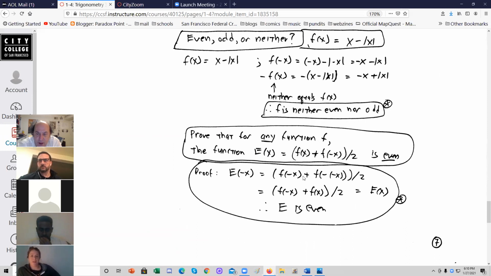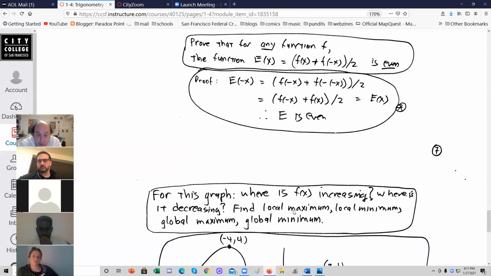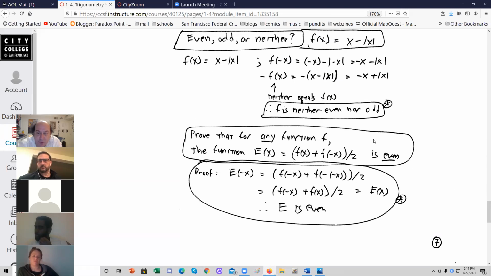So f of negative x plus f of minus negative x, that over 2. Here the negatives cancel, so you get f of minus x plus f of x, divided by 2. But that is the same as e of x. So e is an even function. Oh, and in the book, they replace this plus with a minus and ask you to prove that that is an odd function. Well, you prove it pretty much the same way you prove this is even.